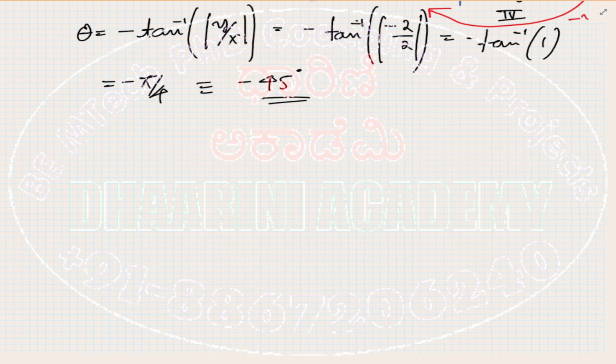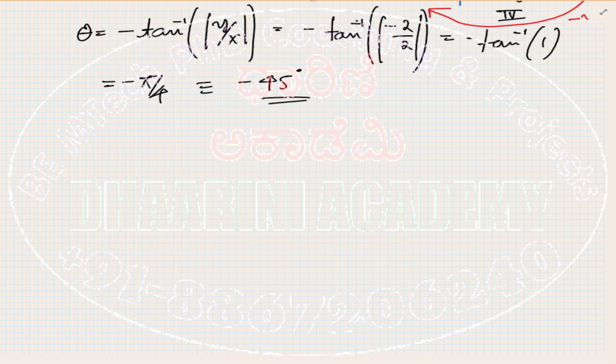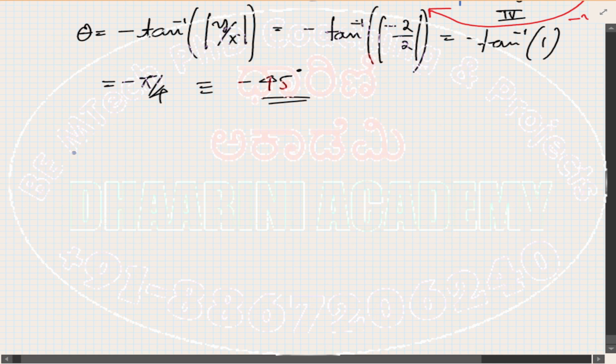Let's go to a problem. So z is equal to 1.93 minus i times 0.52.